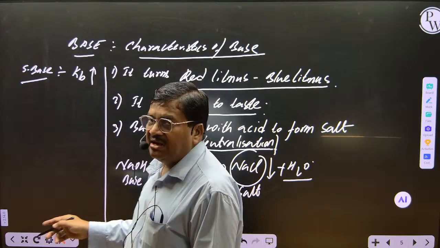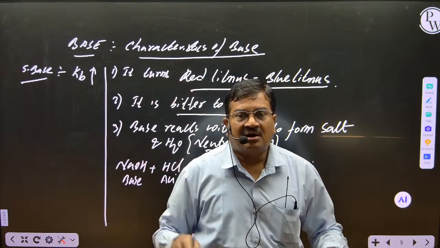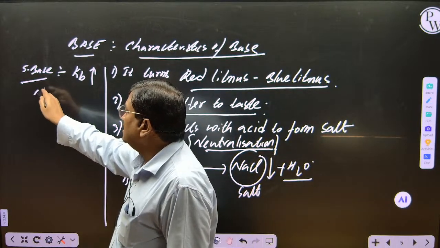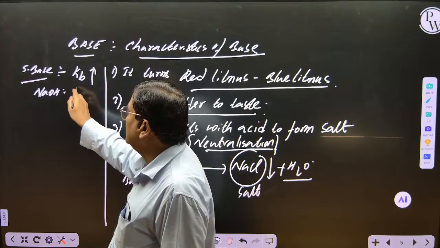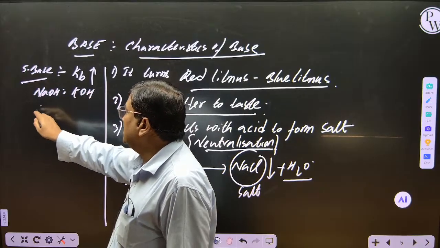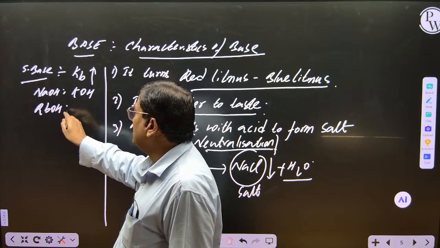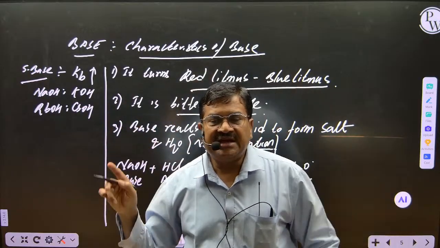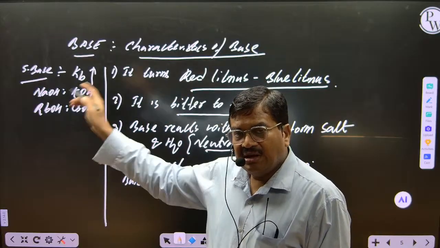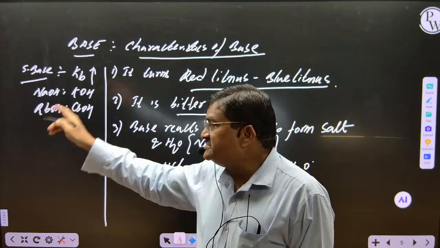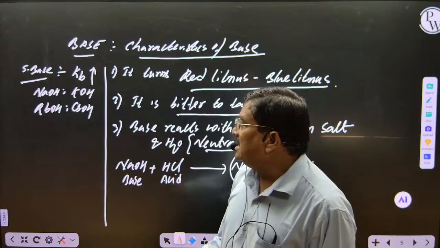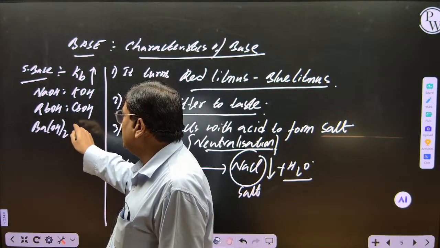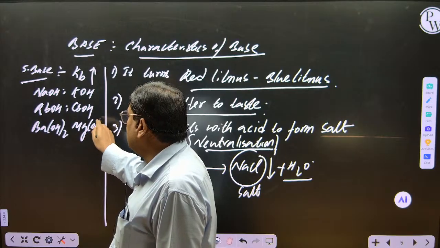Like you remember in the periodic table, all 1A group hydroxides, sodium hydroxide, potassium hydroxide, rubidium hydroxide, cesium hydroxide, as well as 2A group elements, on the extreme left side of the periodic table, like barium hydroxide, magnesium hydroxide, slaked lime, what is slaked lime?